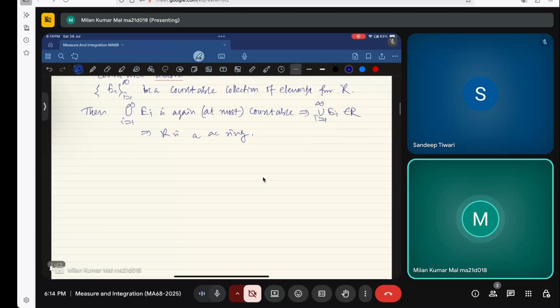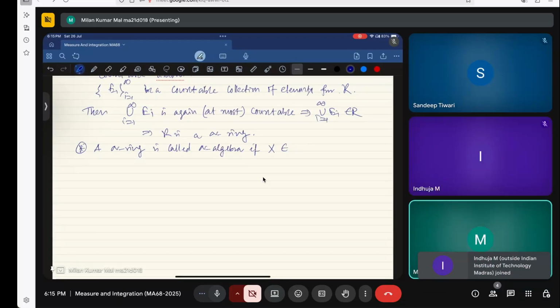A sigma ring is called a sigma algebra if the full set is in there. But this is not the case in our situation.